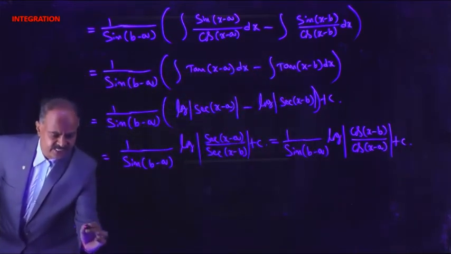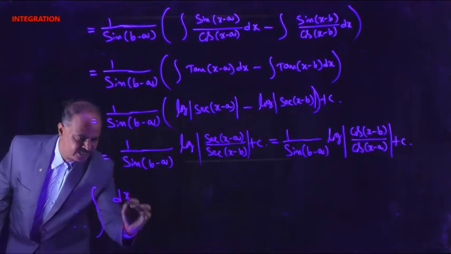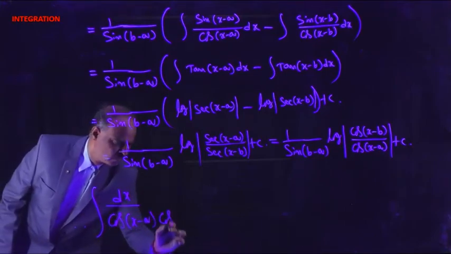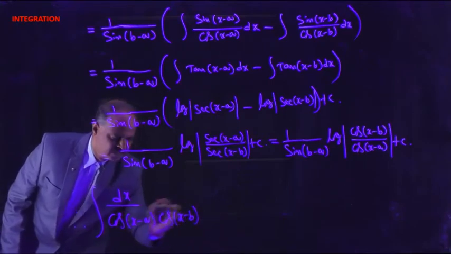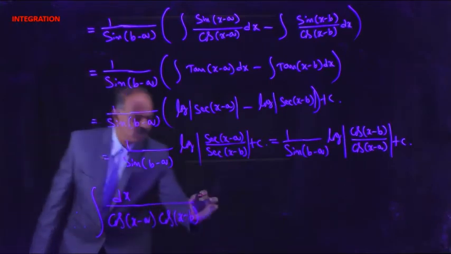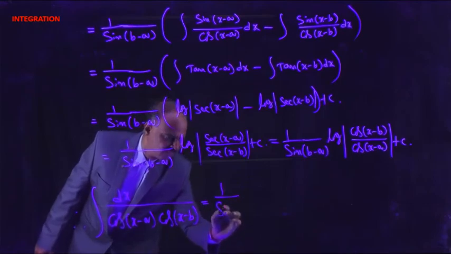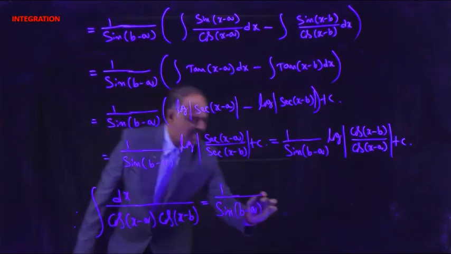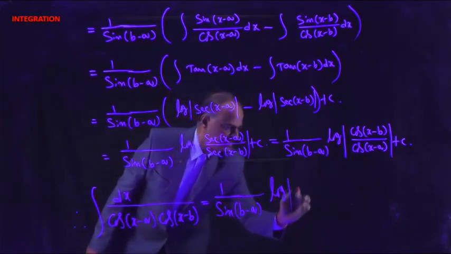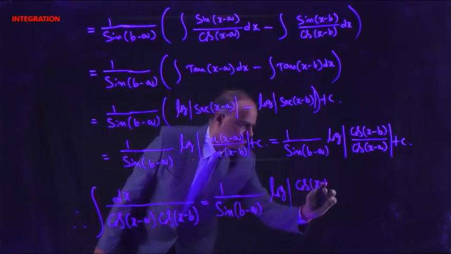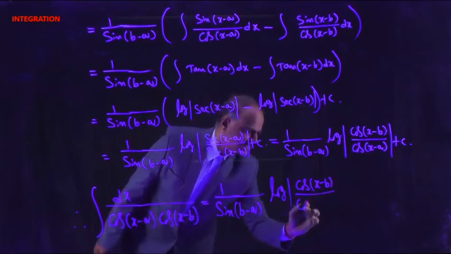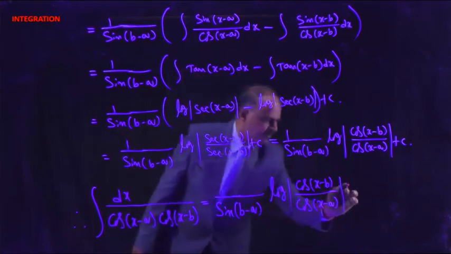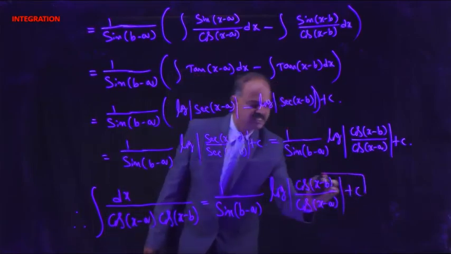Therefore integral dx by cos (x minus a) into cos (x minus b) equals 1 by sin of (b minus a) into log modulus of cos (x minus b) by cos (x minus a) plus integration constant c.